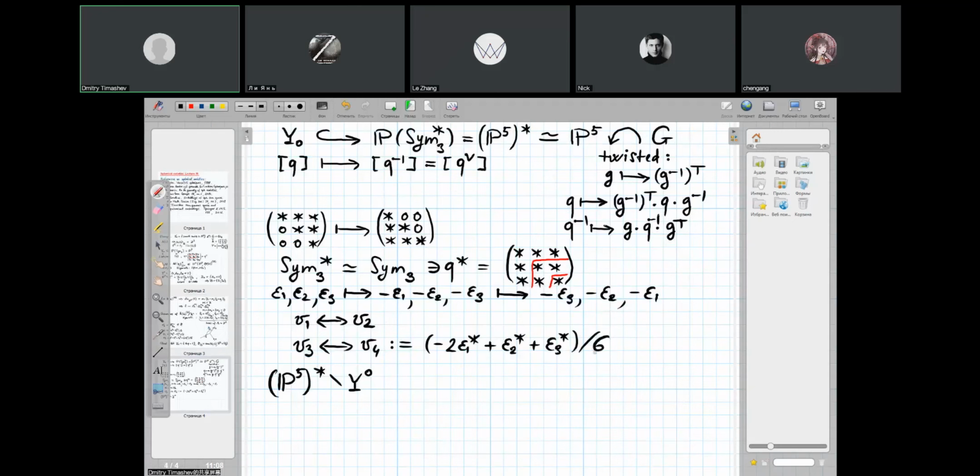I'm sorry, divide by 6. To V4, which is this one. And the complement of the open B orbit in the dual compactification will be the union of the same colors, D1 and D2, you could say in a different order, and the divisor D4, the G-stable divisor corresponding to this vector V4.